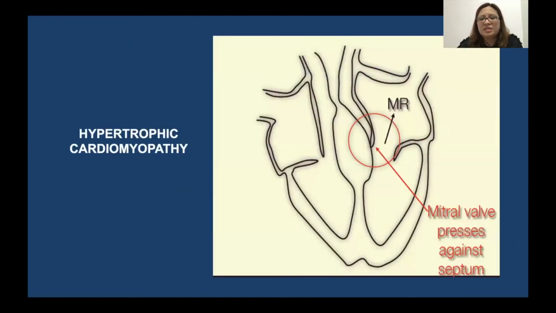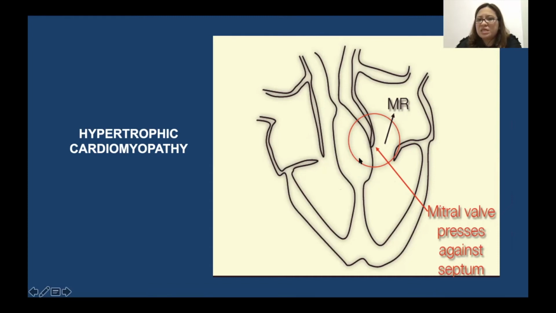So this is a diagram of hypertrophic cardiomyopathy. To orient you, this is the right atrium, right ventricle. This is the left atrium. This is the left ventricle. This is the interatrial septum, and this is the interventricular septum.